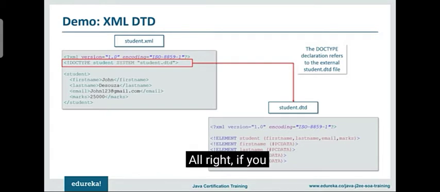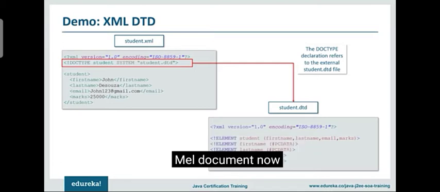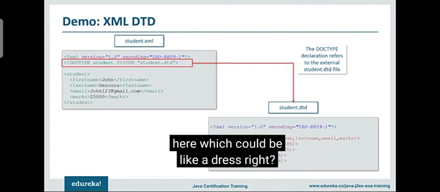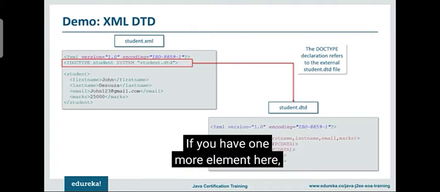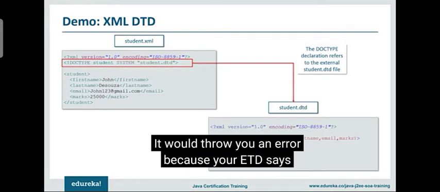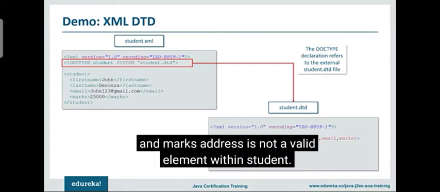Since this DTD is linked with your XML document, if you try to add one more element here, like address, it would throw you an error, because your DTD says that student can have only first name, last name, email, and marks. Address is not a valid element within student.